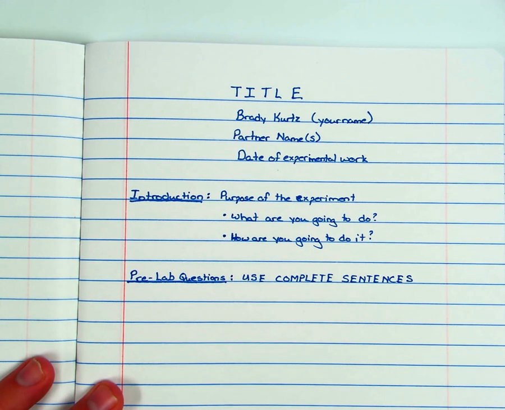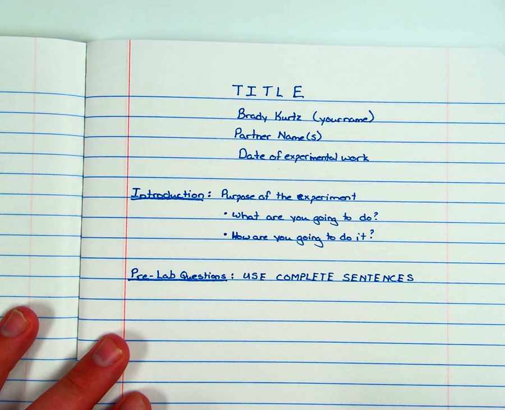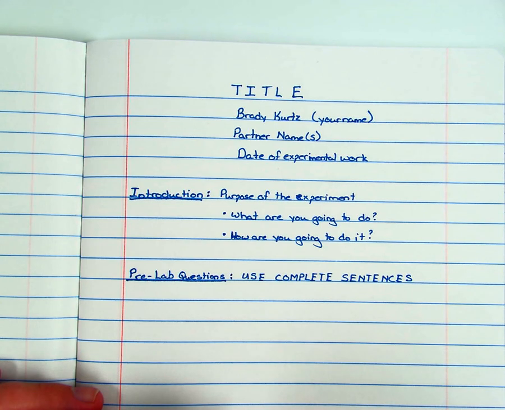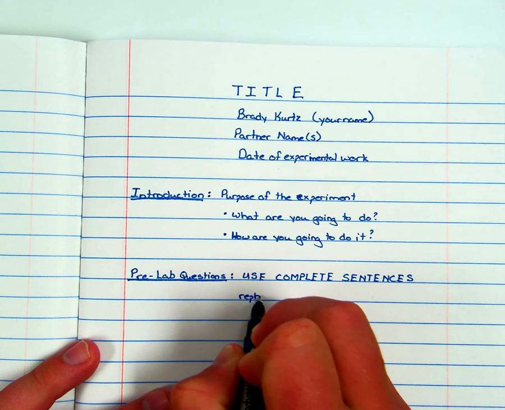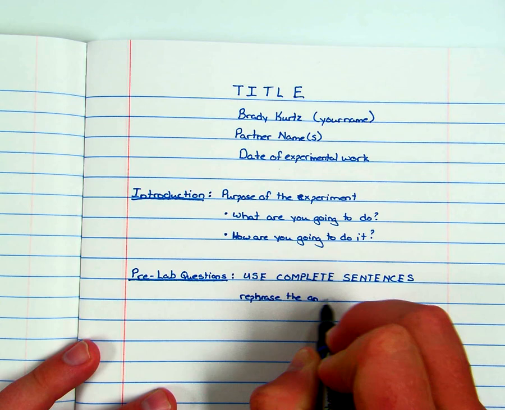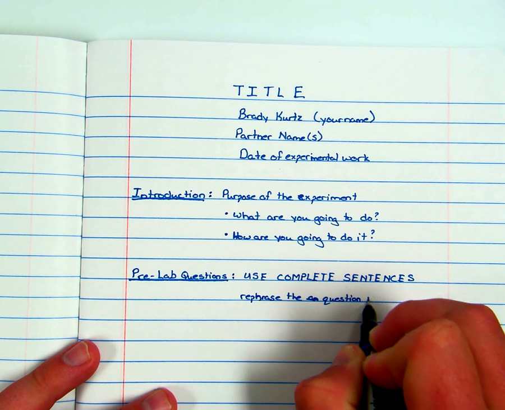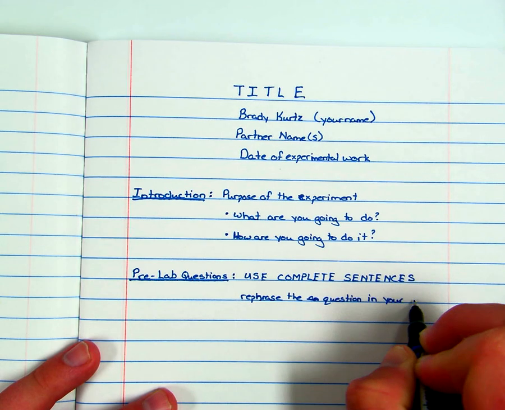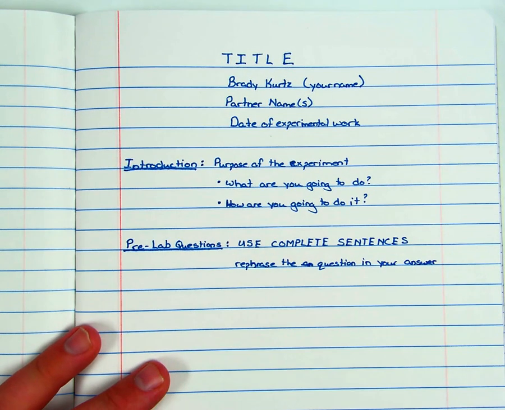Not only should we write in complete sentences, but we always want to answer the questions in a way as if it was just more of a discussion, not that we were answering a specific question. So the way to do that is to rephrase the question in your answer. And for examples of that, please see the handout that you've received on keeping a lab notebook.